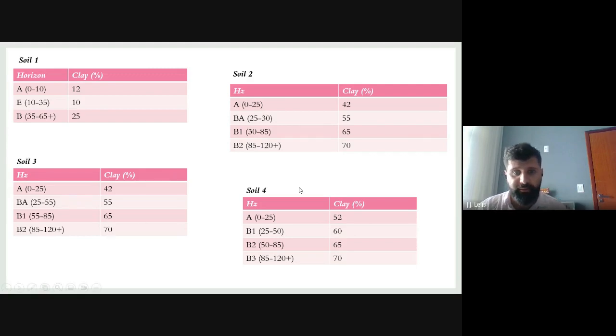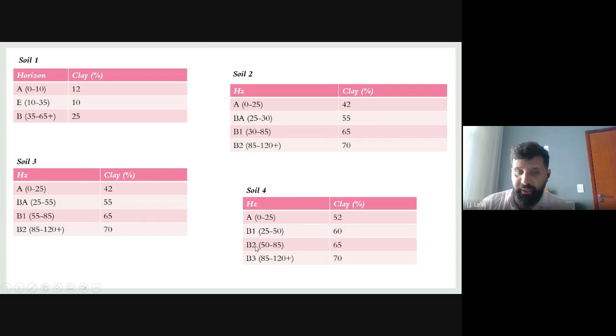And let's see the soil number 4, where we have an A horizon between the surface and 25 centimeters. We have a B1 horizon between 25 and 50 centimeters, so 25 centimeters of thickness.